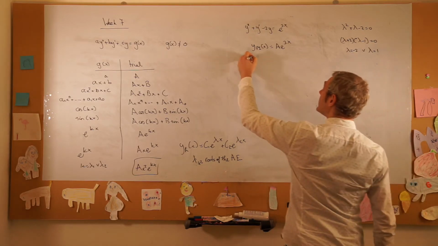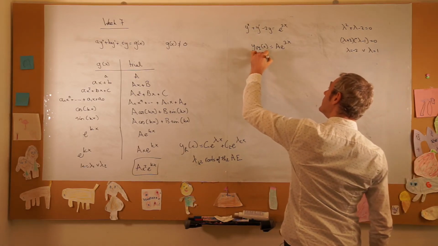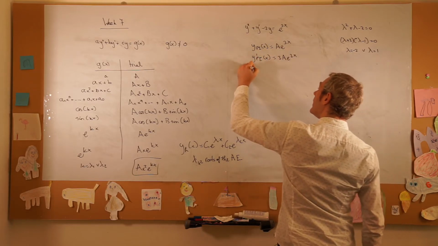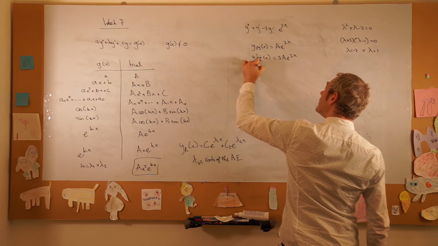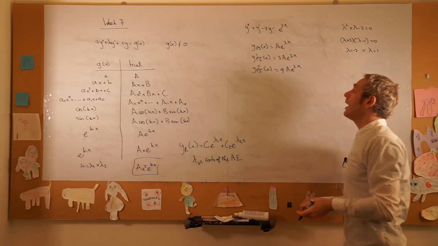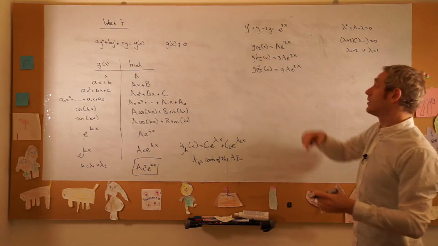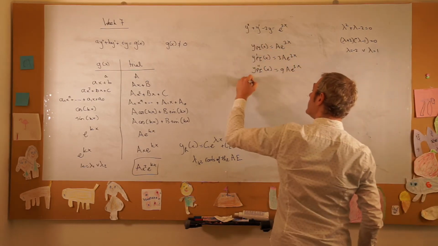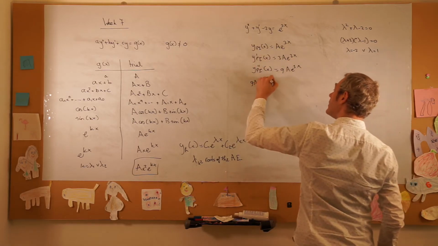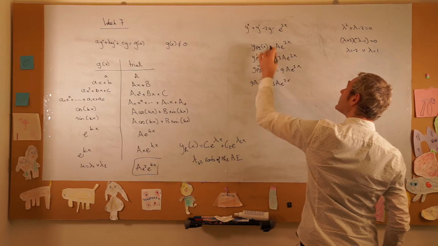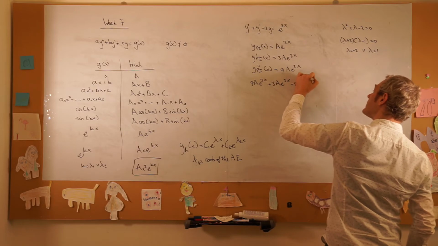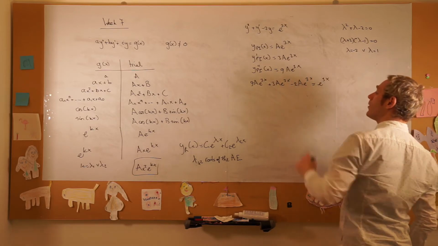Again, I write out the two derivatives, I write out the second derivative, and I plug this into the differential equation. So I get 9a e to the power of 3x plus 3a e to the power of 3x minus 2a e to the power of 3x, and that should be equal to e to the power of 3x.